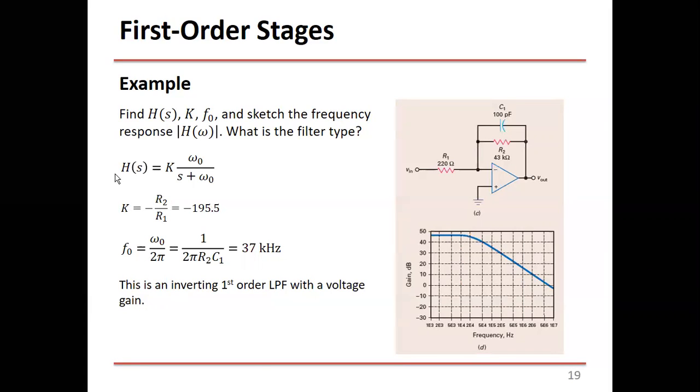Okay, so from the previous analysis, we found that H of S is K times omega 0 over S plus omega 0. And this is a low pass filter as well, but this is the inverting one. And K here is minus R2 over R1, which is this value here. So this value here in dB is this value. You convert it into dB.